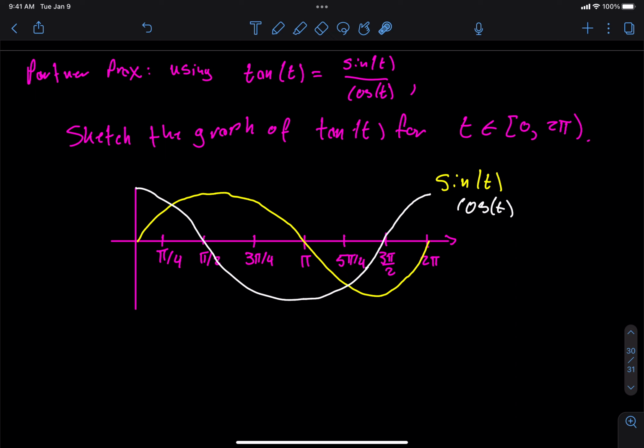Okay, so again, we're not describing the height of your function at this point. We know that it's undefined, so we're going to draw an asymptote here. Then we're going to say, well, I know there's this height, and then this height. We're going to get really, really close to this.